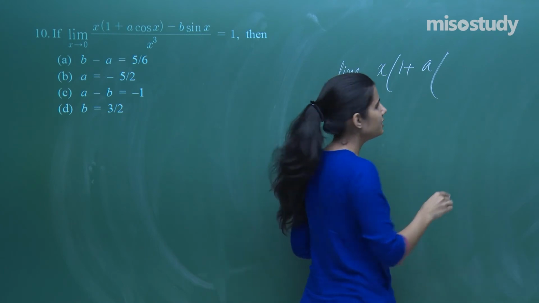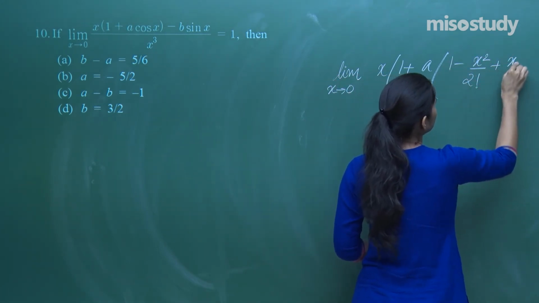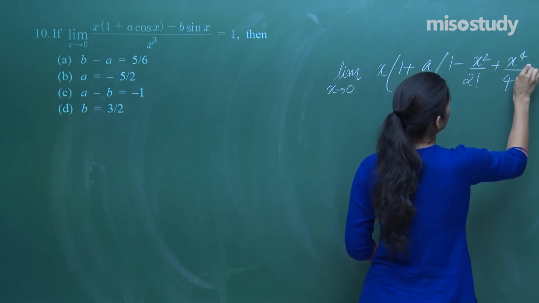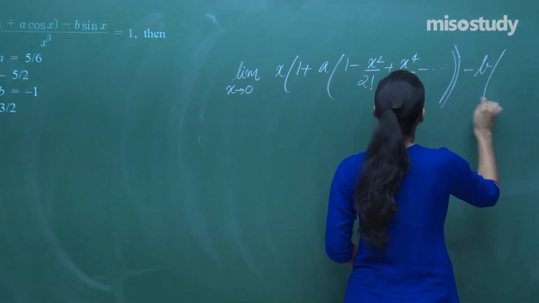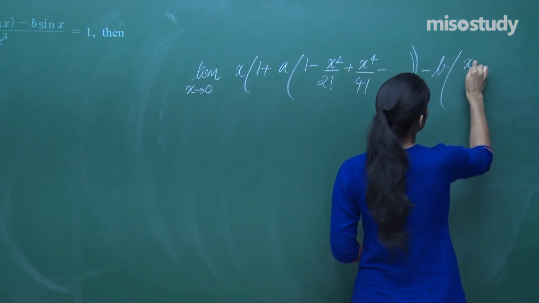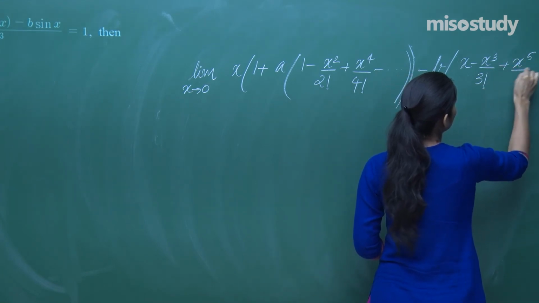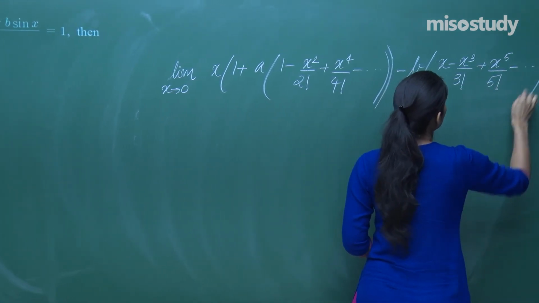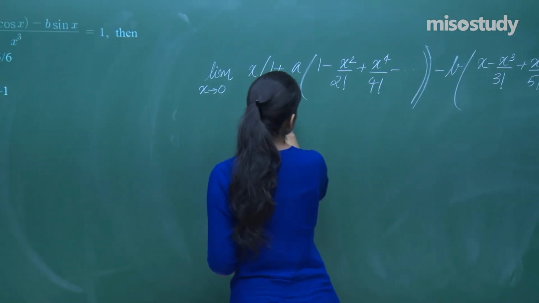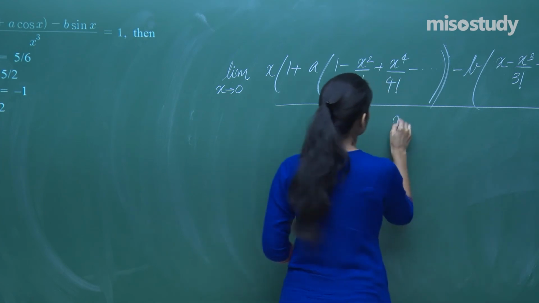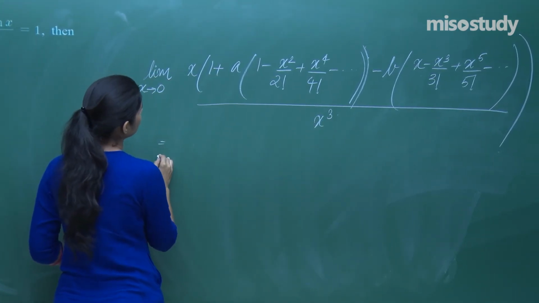Now cos x can be written as 1 minus x square by 2 factorial plus x to the power 4 by 4 factorial and so on, minus b sine x, which is x minus x cube by 3 factorial plus x to the power 5 by 5 factorial and so on. Fine, whole upon x cube. Just open this up, you get what?